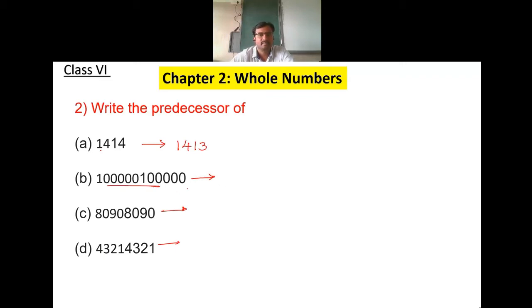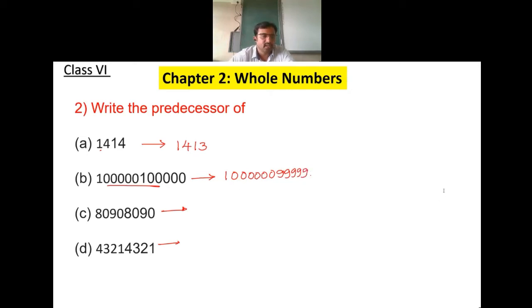If you subtract 1, what will this be? One followed by 5 zeros, then 0 followed by 5 nines.